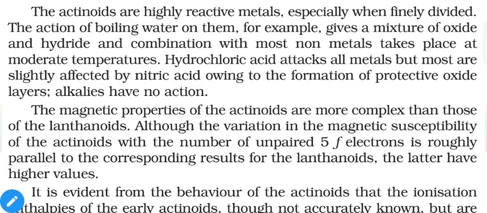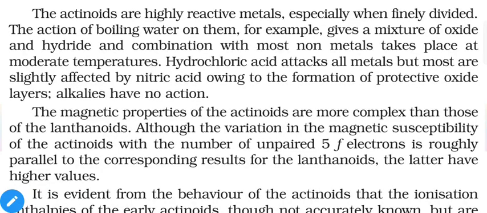The action of boiling water on them, for example, gives a mixture of oxide and hydroxide, and combination with most non-metals takes place at moderate temperature. Hydrochloric acid attacks all the metals, but most are slightly affected by nitric acid owing to the formation of protective oxide layers. Alkalis have no reaction.